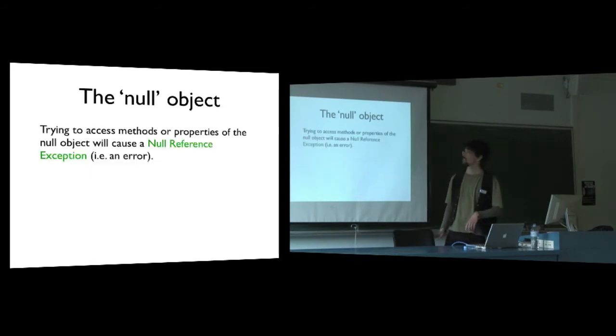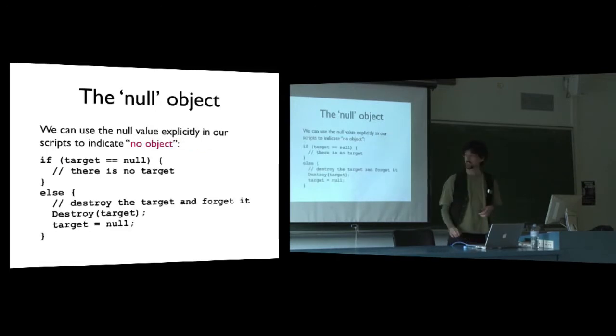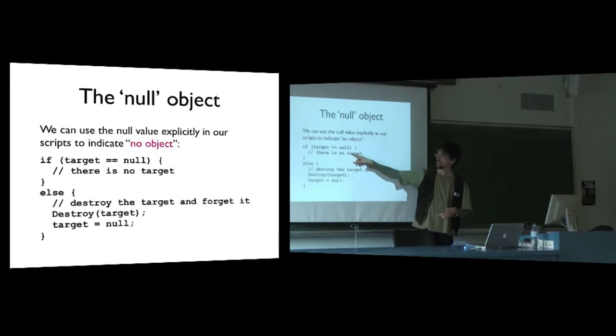We've got to be careful not to try to access methods or properties when a value is null. This will cause a null reference exception. If we go back to the variable target, if target was null and we tried in here to access some property on target, say target.transform, Unity would throw an error saying that there was a null reference exception.